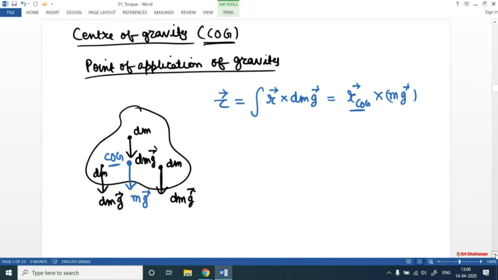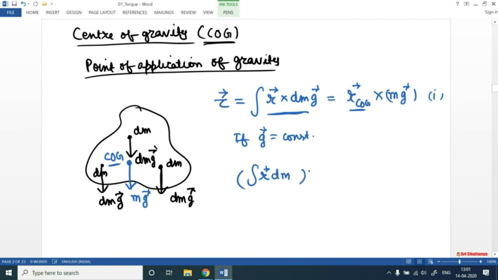We will be looking at one simple case. If g is uniform, g is constant, then solving this equation number 1, the left hand side of this equation will turn out to be integral of r dm cross g.